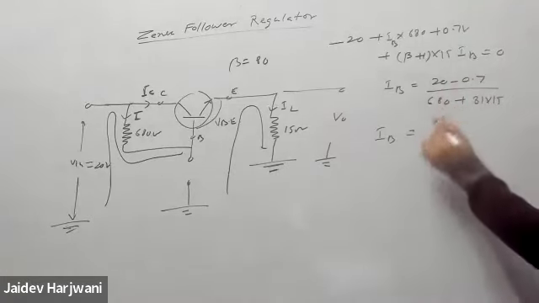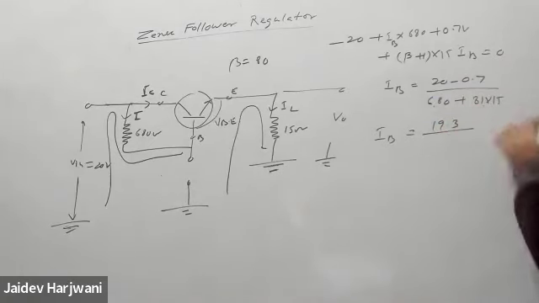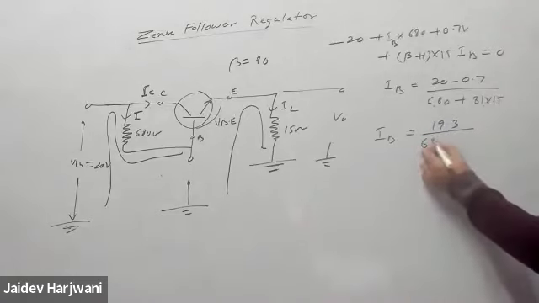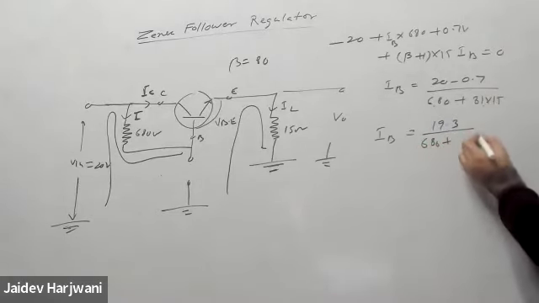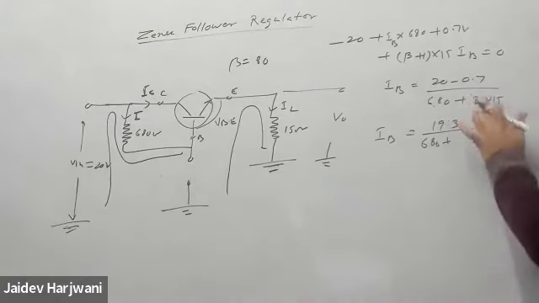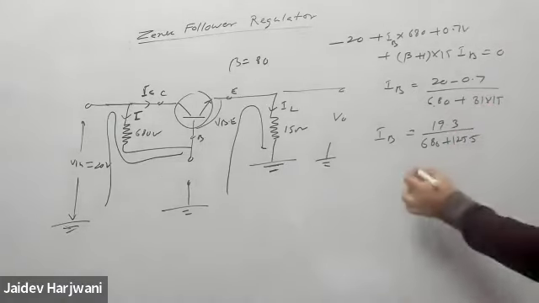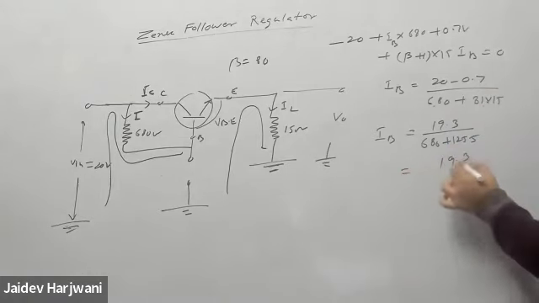This 20.7 becomes 19.3, and 680 plus how much? 81 into 15 is 1215, and 680 plus 1215 is 1895. This will come, and the numerator will be 19.3.